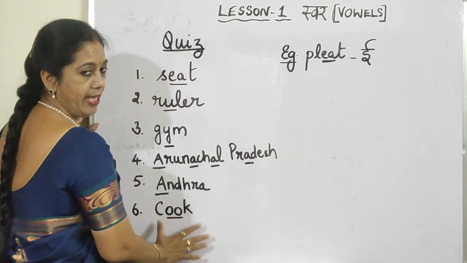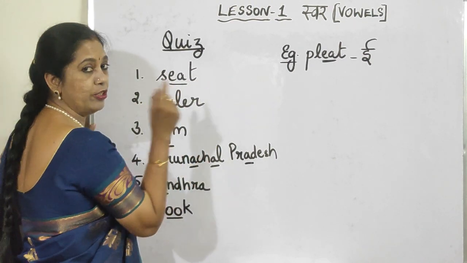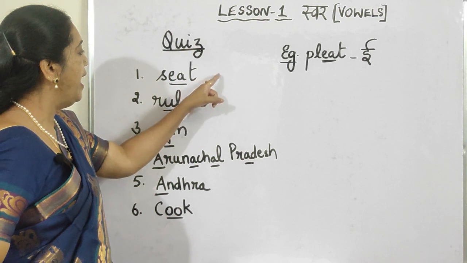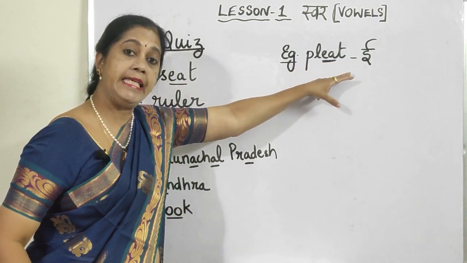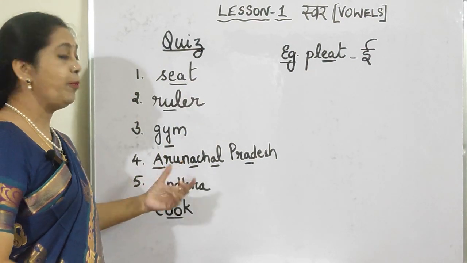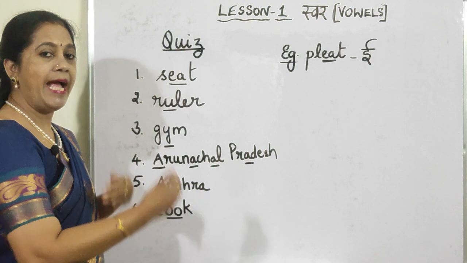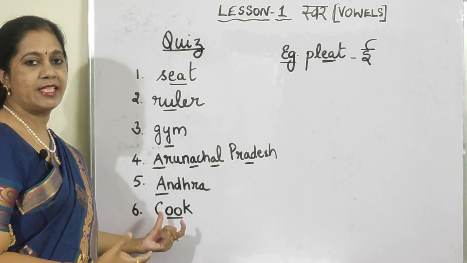In that 6 only I have given here 6. Now which will refer to which one, you should be able to identify, and like that you should write. The one I have underlined is E. One example I have given, for the remaining you have to pronounce these words and try it. Okay, next video I will be giving the answers for these words.